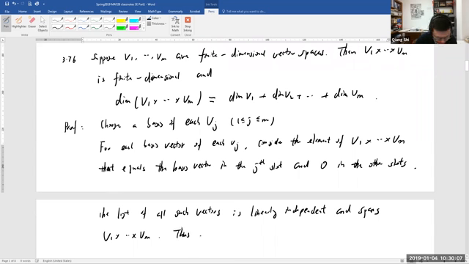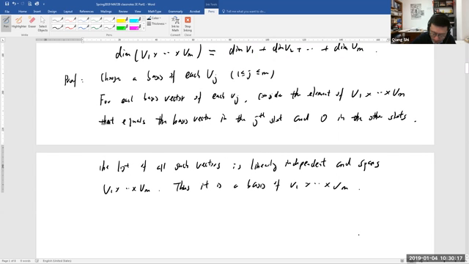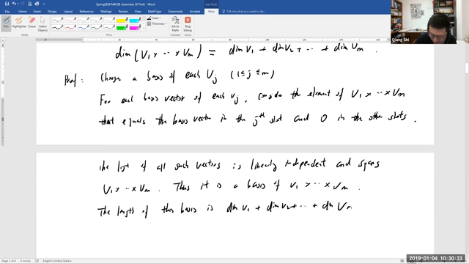Then it is a basis of this new product space. And the way we construct this tells us the length of this basis is the dimension of V1 plus the dimension of V2 up to the dimension of V sub m. Then we complete the proof.